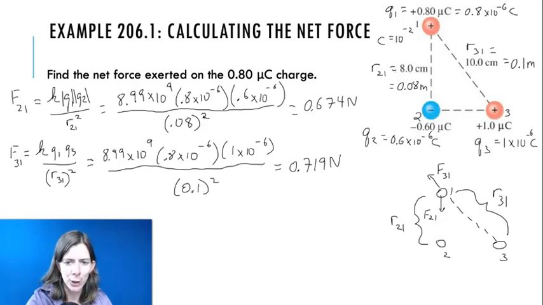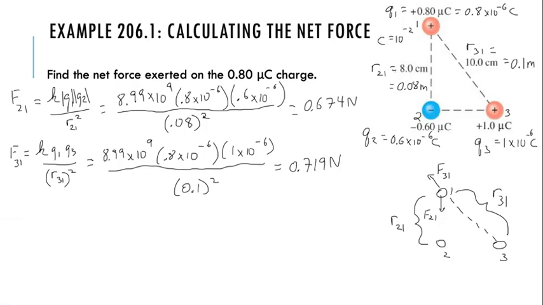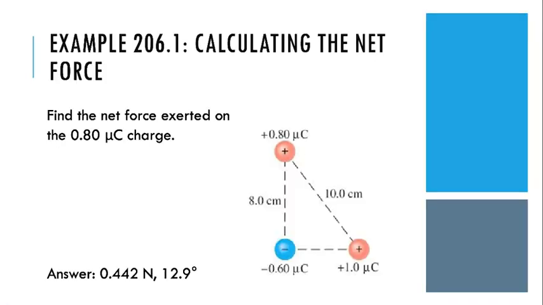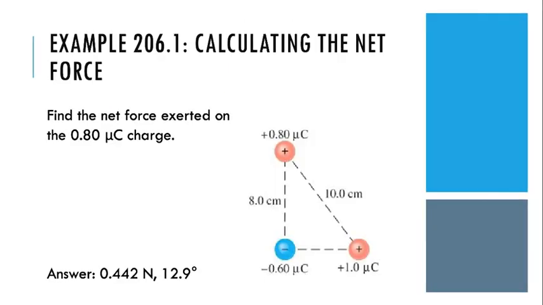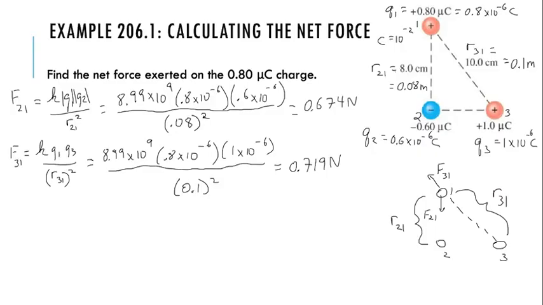I'm going to hide my video so I have a little bit more room. Right? So step number 4, use vector addition to find the resultant force. So this has many steps. The first step is to find the x and y components of each force. So let's look at our two forces.